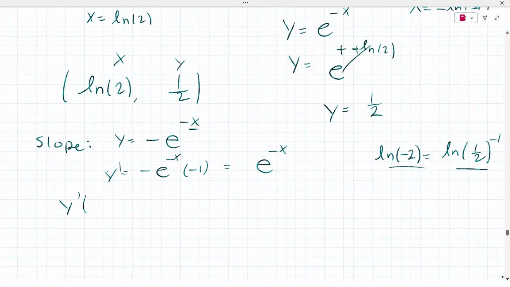So if you plug in either of these, you should get negative e to the ln of 1/2. What happens is the ln and e cancel, and then you're left with 1/2 and negative, so it's going to be -1/2. That's my slope.